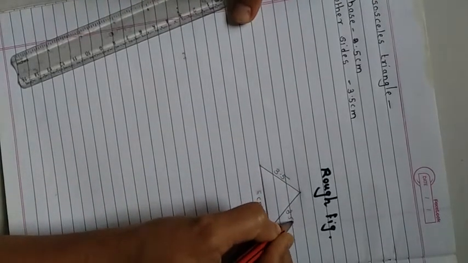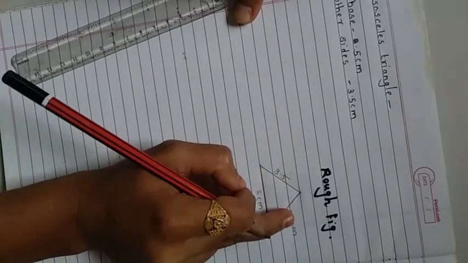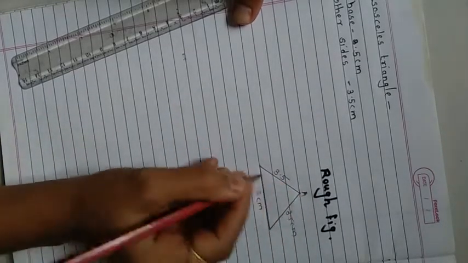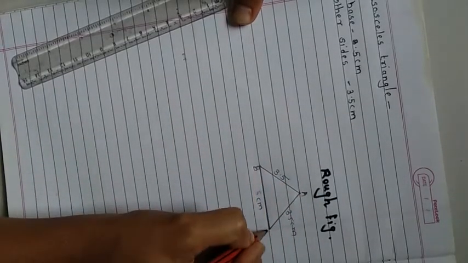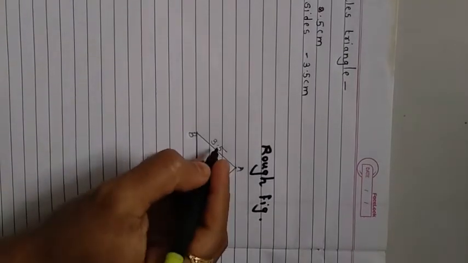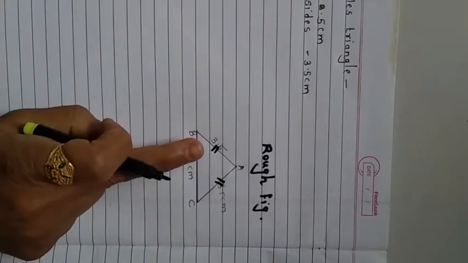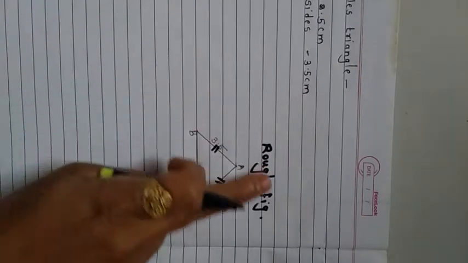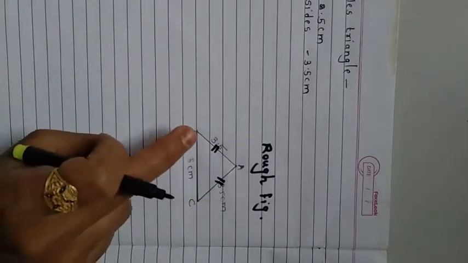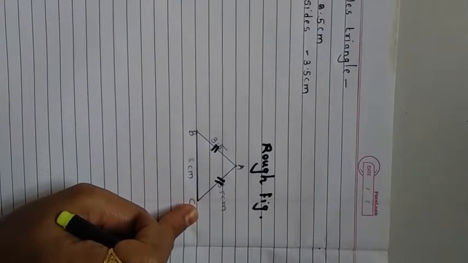You can consider these two sides are equal. This is an isosceles triangle. We have to name it A, B, C. These two sides are equal. By marking we can understand this is an isosceles triangle. Two sides are equal and only one side is different. Understood?